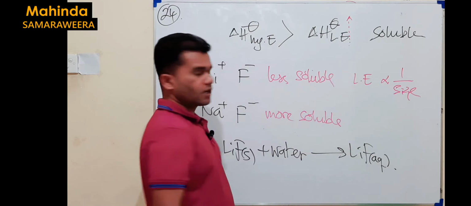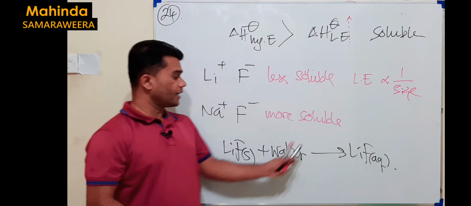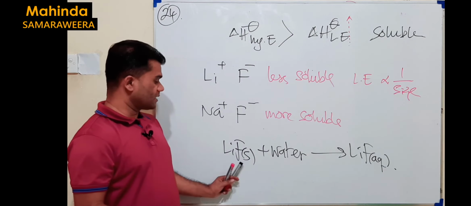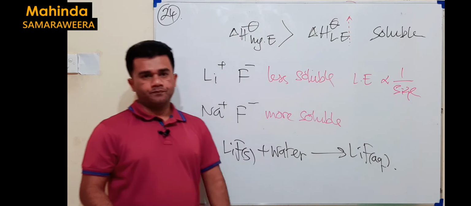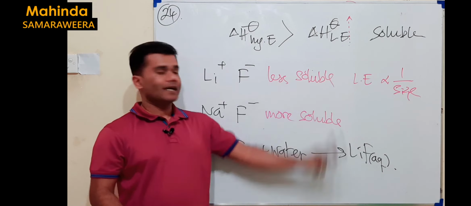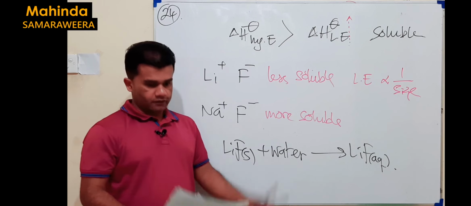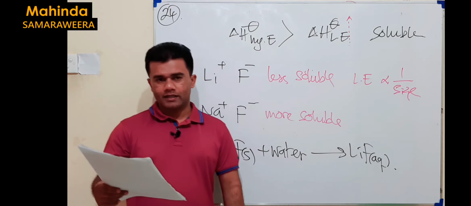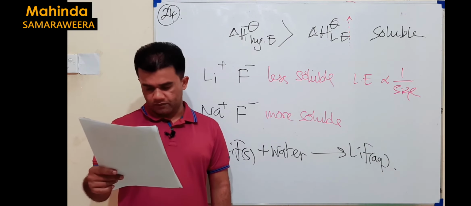This enthalpy change is dissolution. If it is high dissolution enthalpy, that means this reaction is favorable. Favorable means more soluble, but the statement says less soluble. Therefore, it is not a correct reason. A is not the one.